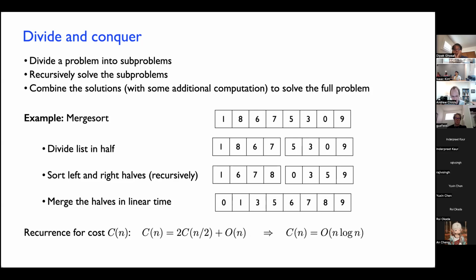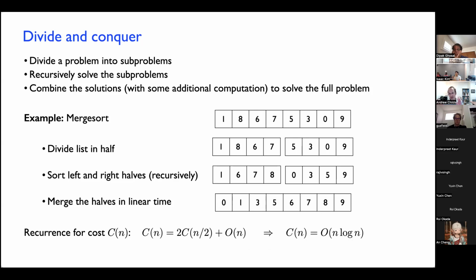And what you find is that the cost of sorting the list of length n goes like n log n. So this is the complexity of merge sort. For this to be the case, it was crucial that this extra work was not too large, that it was only linear. Because of that, you can solve this recurrence, for example, using the master theorem, and you get this result for the complexity.